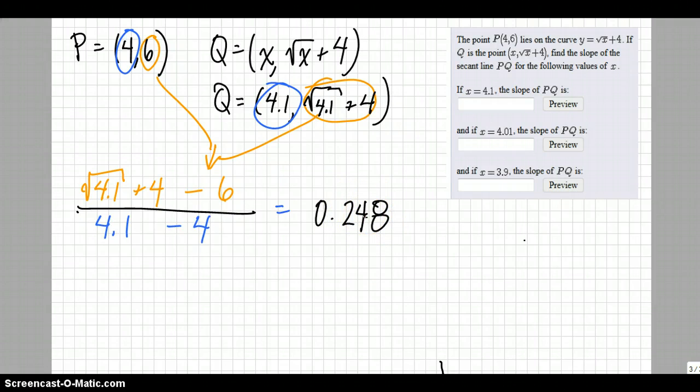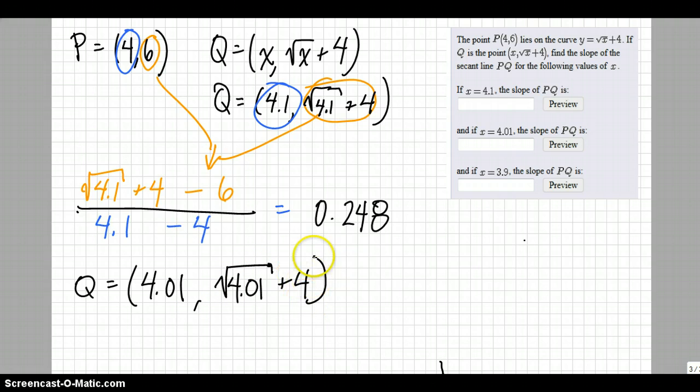And then I can proceed to go ahead and do the next one as well. The point Q that I'm going to be looking at is 4.01, and then the square root of 4.01 plus 4. I'm going to use the same P point as before, but now with this new Q point.